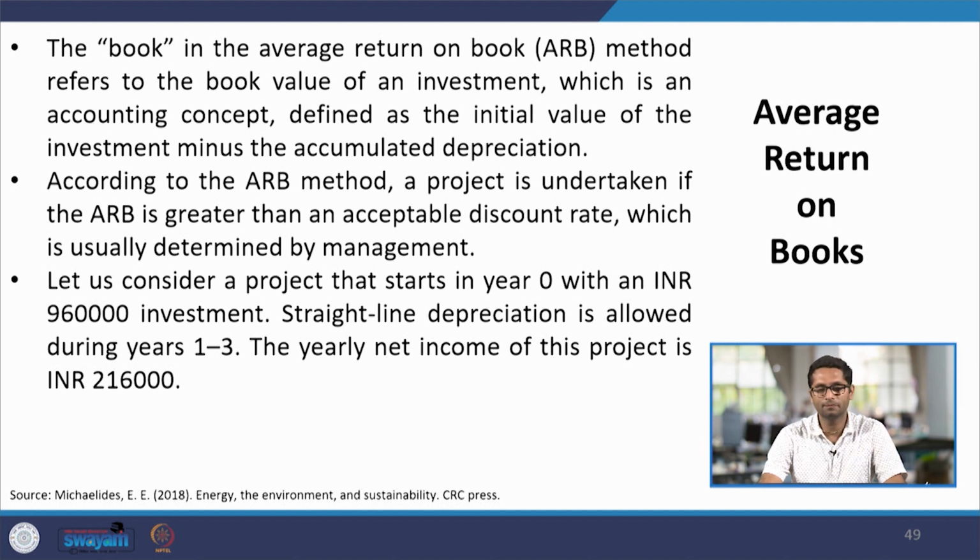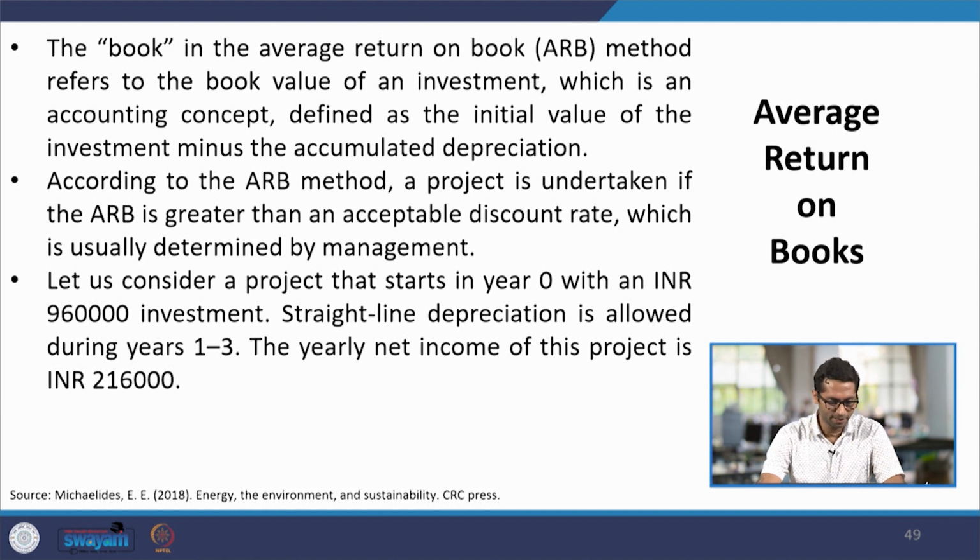And this kind of methodology is basically coming from an accounts background, where you would want to see the book value, and what you would do is you would divide the revenues by the average book value of a particular project, and if that comes out to be more than what your minimum acceptable return is, you would go for this project.